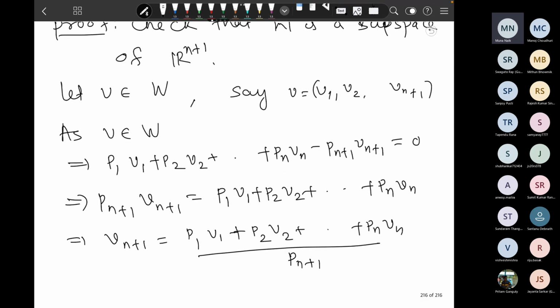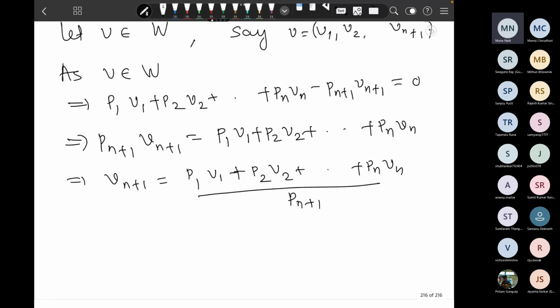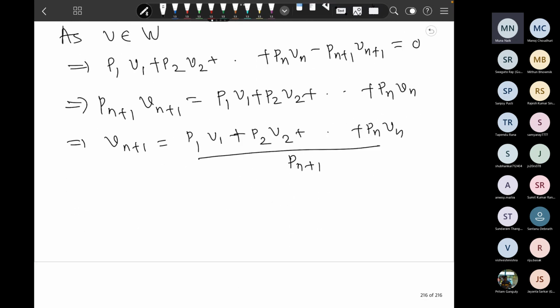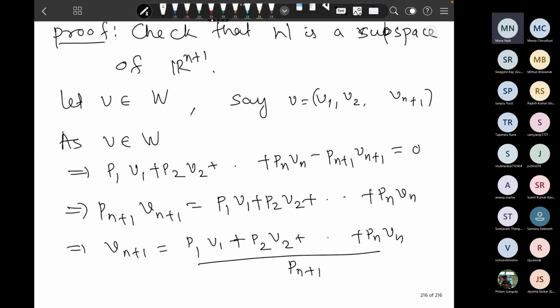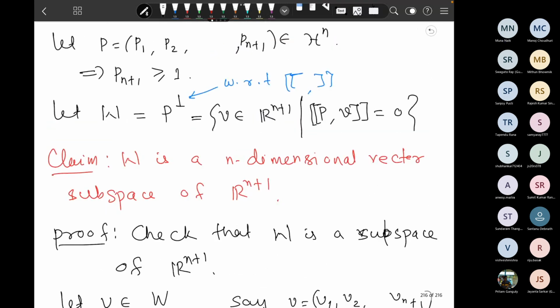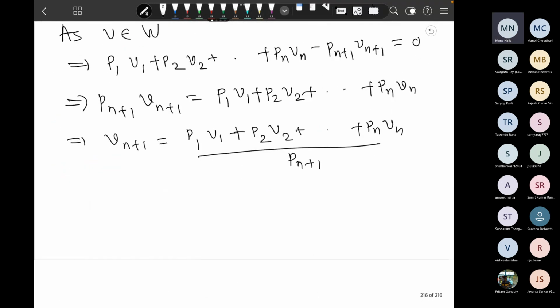That precisely says that W is of dimension n. Precisely, suppose you take v1 equal to 1 and everything else equal to 0.